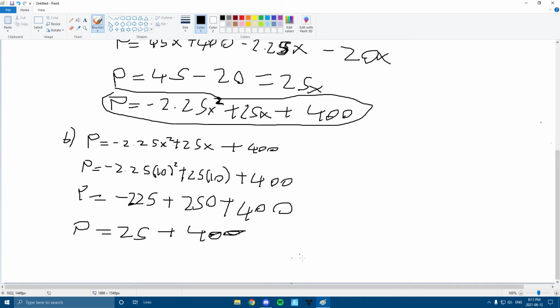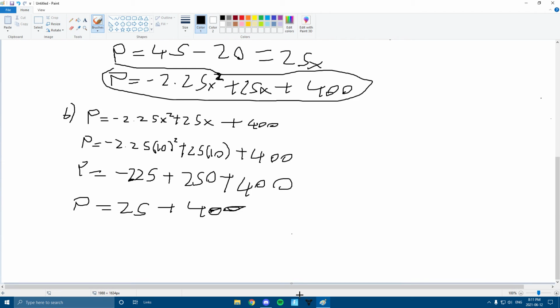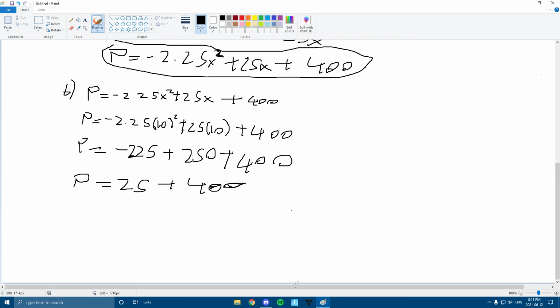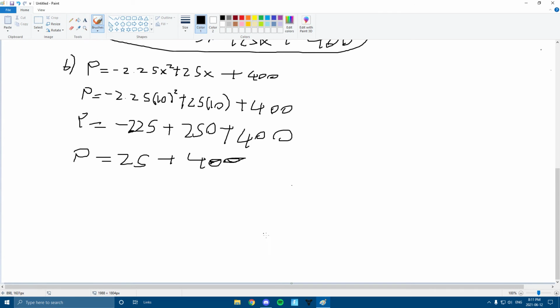It's just going to be 25 plus 400, which is 425.